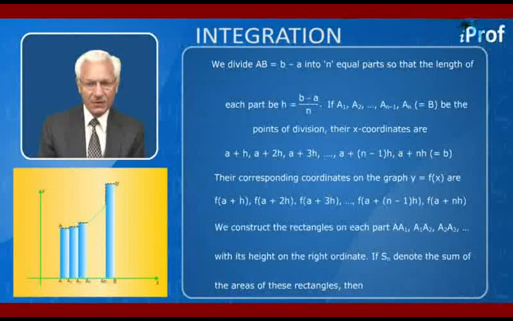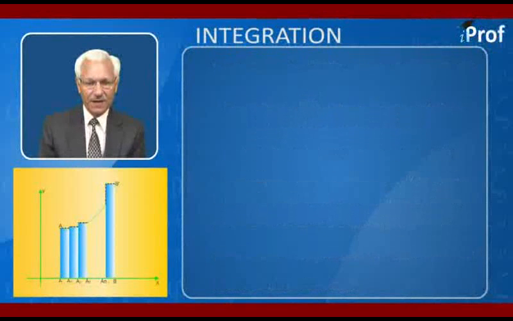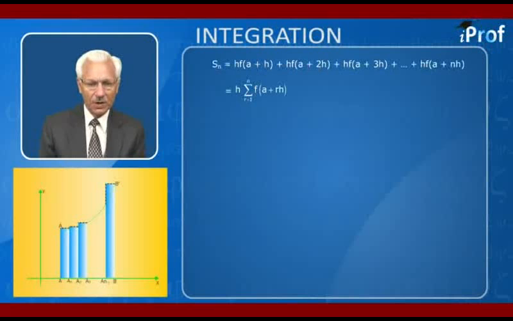If Sn denotes the sum of the areas of these rectangles, as we see from the graph, then Sn becomes equal to h times f(a + h), plus h times f(a + 2h), plus h times f(a + 3h), plus so on, plus h times f(a + nh). Pulling out h common, this is equal to h times the summation, r going from 1 to n, of f(a + rh).